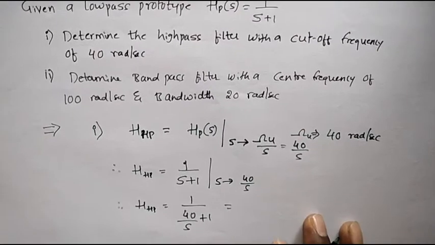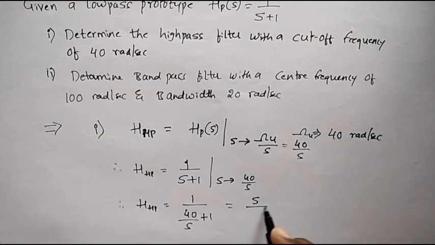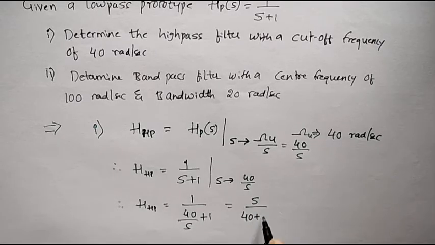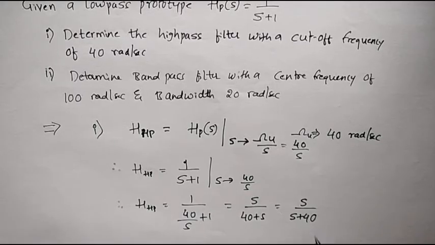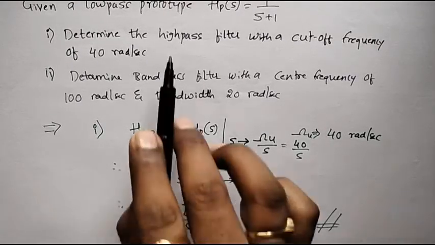Simplifying this, we get S divided by 40 plus S, which is equal to S divided by S plus 40. So this is the transfer function of the desired high pass filter.